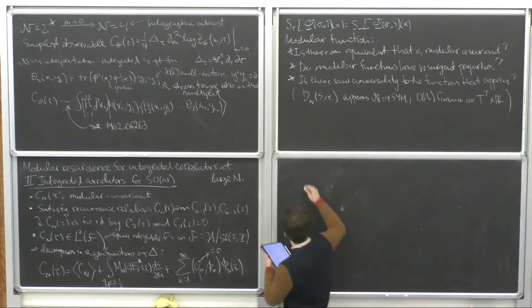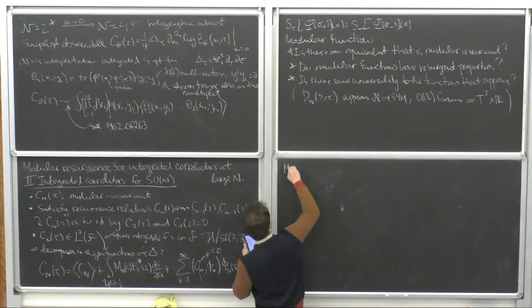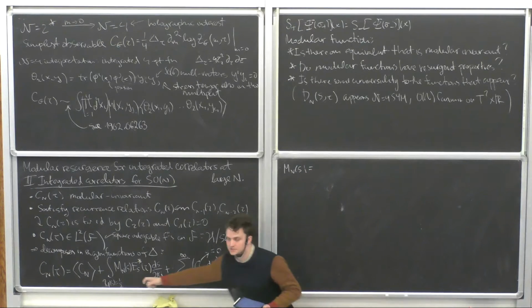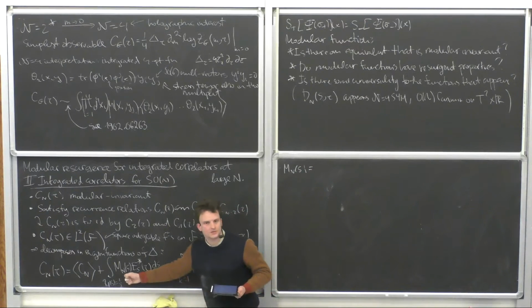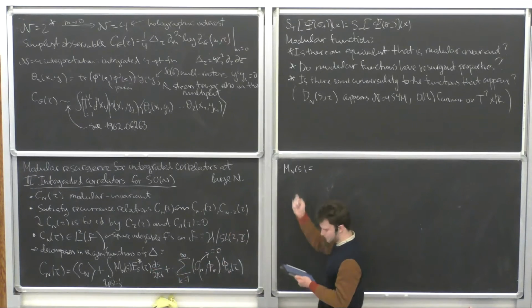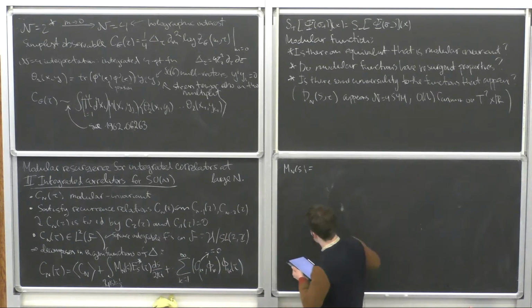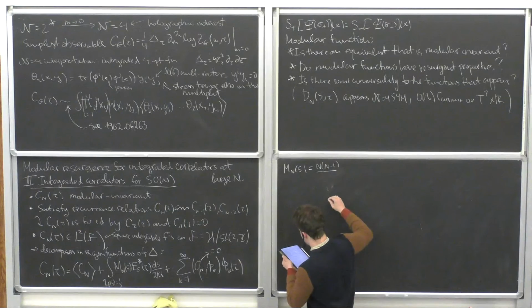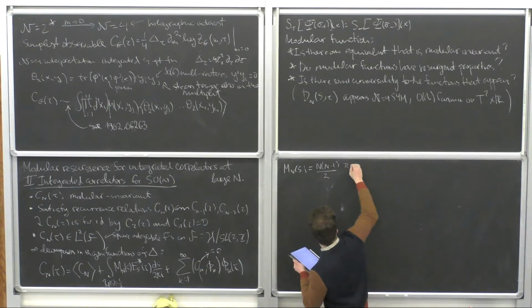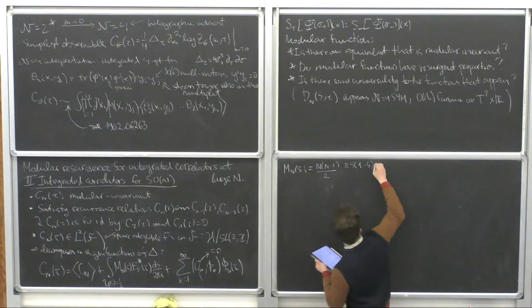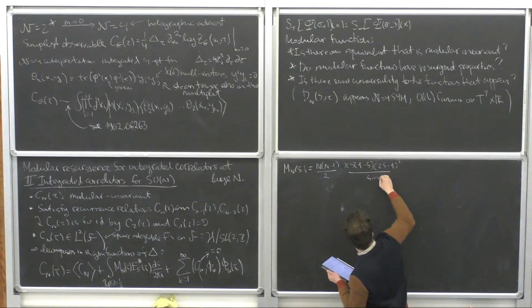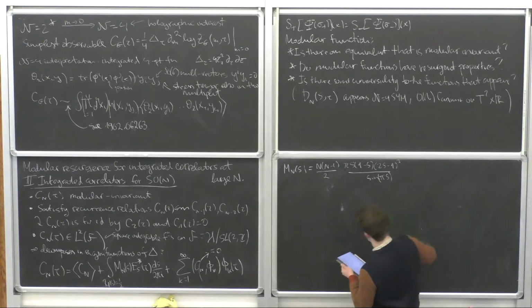So over here, we have the following formulas. So M_N of s, remember, they satisfy their recurrence relation. Therefore, once I found out what M_2 is, I can find out what all of the other M_N's are. And it's actually quite simple in this case. It's (N-1)/2, then there's a pi s(1-s)(2s-1)^2 divided by the sine of pi s.